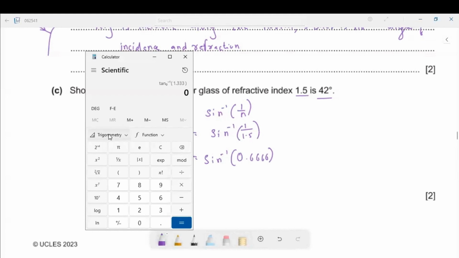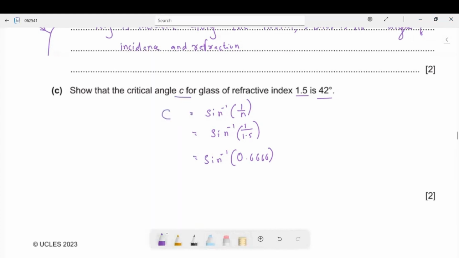So we can find the answer. That is 0.666, sine inverse. That is 41.8 degrees. The answer is 41.8 degrees. It can be rounded as 42 degrees.